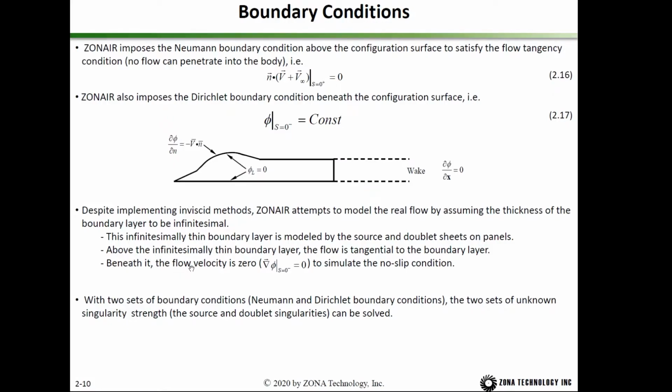Beneath it, the flow velocity is 0 to simulate the no-slip boundary condition, because phi on the lower surface is constant, so if you take the gradient of phi, the velocities are zero. With the two sets of boundary conditions and the two sets of unknown singularities, the source and the doublet can be solved.